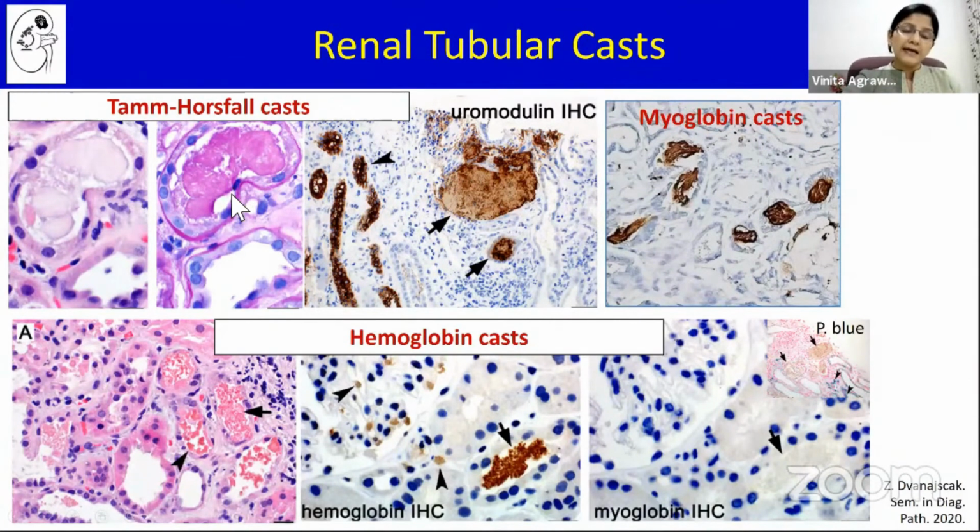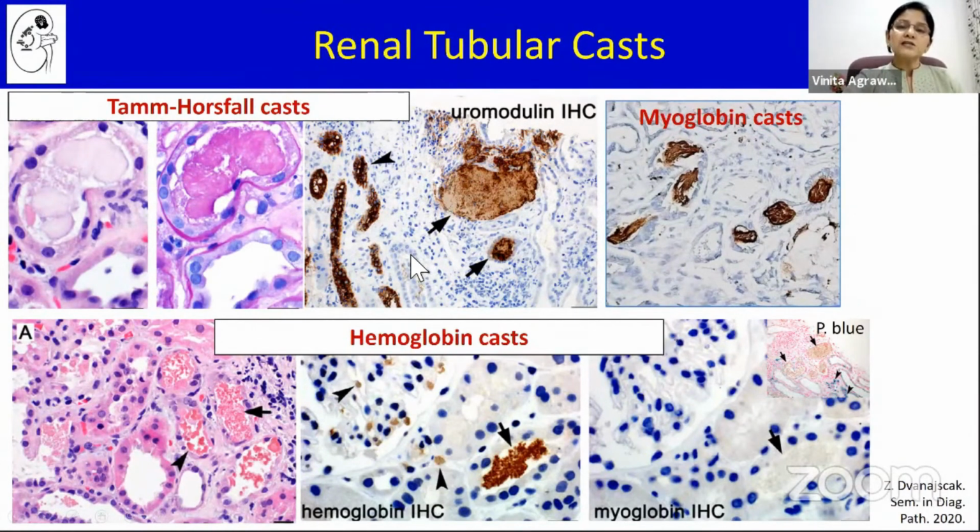Of course, you can do a light chain staining, and you can also stain them for uromodulin immunohistochemistry, where you can detect these to be Tamm-Horsfall protein, and the thick ascending limb of the nephron acts as an internal control, where the Tamm-Horsfall proteins are produced.